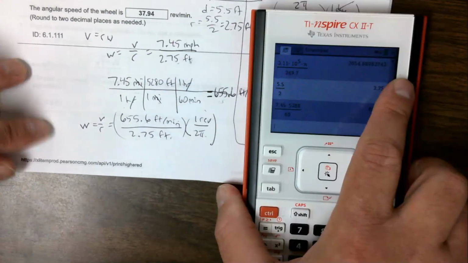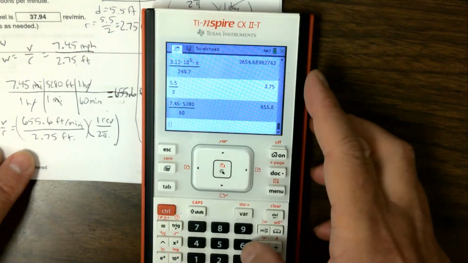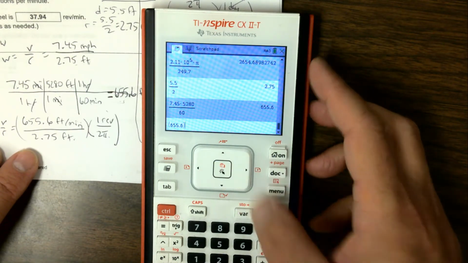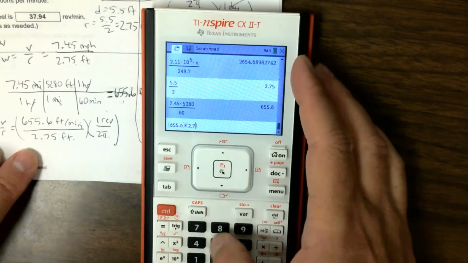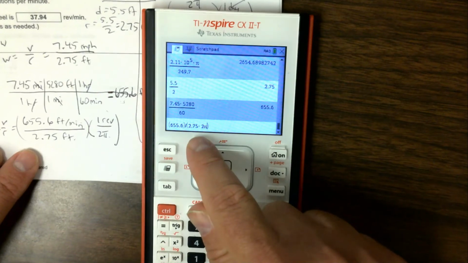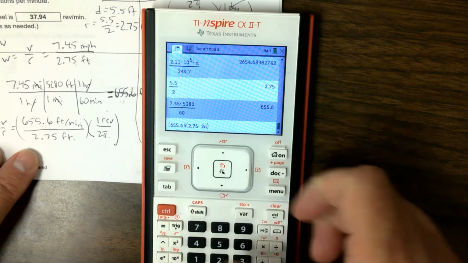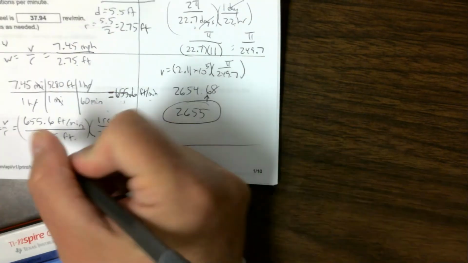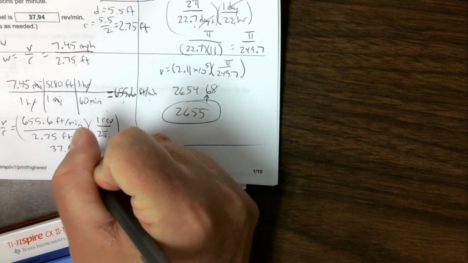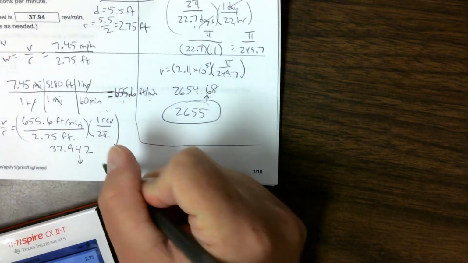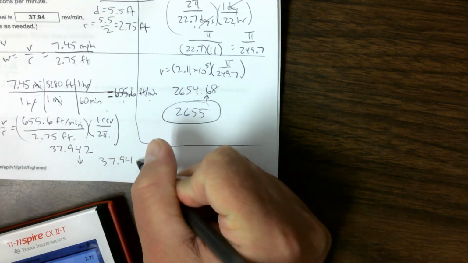So I would type that like this: 655.6 divided by 2.75 times 2 pi. Notice my entire denominator has parentheses, and that's what I want. And then I get 37.942, and based on the 2 we round down, so 37.94, which is your answer.